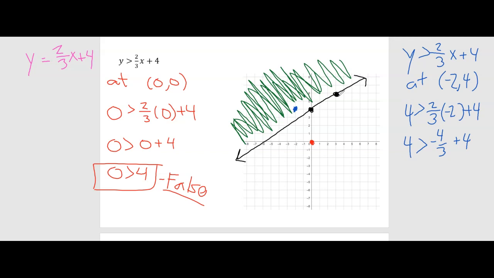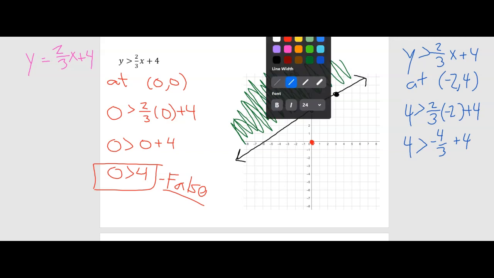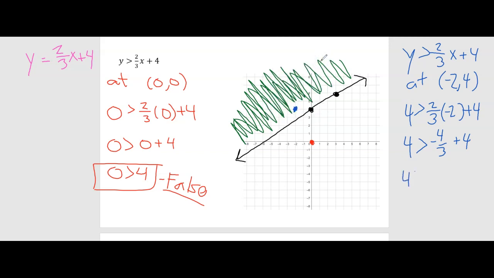Now I have two things to add on my right-hand side, right? I have a fraction and a number. I need to find a common denominator. Common denominator here is 3. So my first fraction doesn't change.